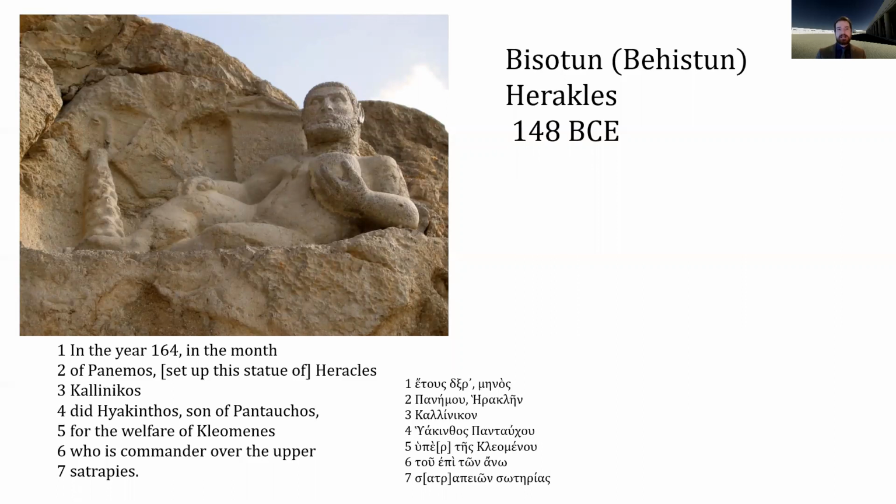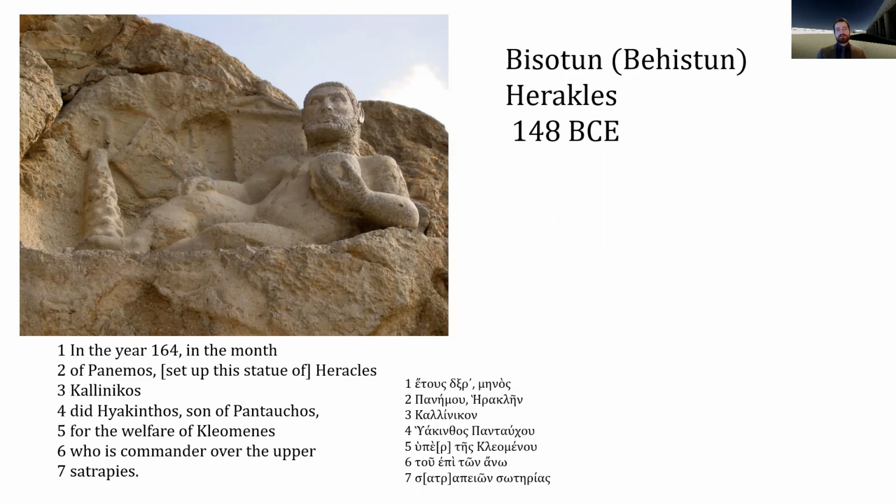And this monument is dedicated to a certain Cleomenes, and perhaps it was a last-ditch effort in his battle against the approaching armies of Mithridates I of the Parthian Empire, a last-ditch effort to save either himself by dedicating something to Hercules, or to save the idea of Greece and the idea of a Greek people as these Iranian peoples are coming down and about to basically kick out the Greeks.